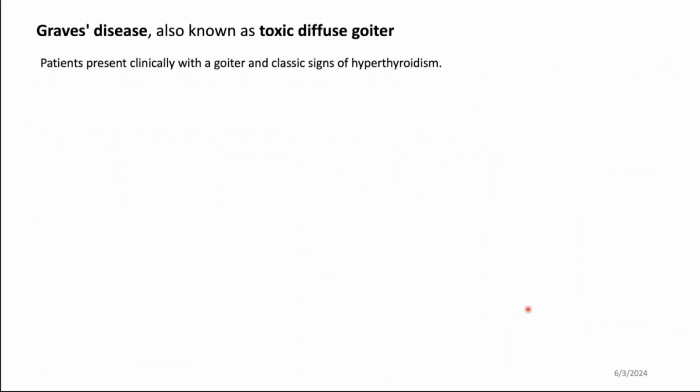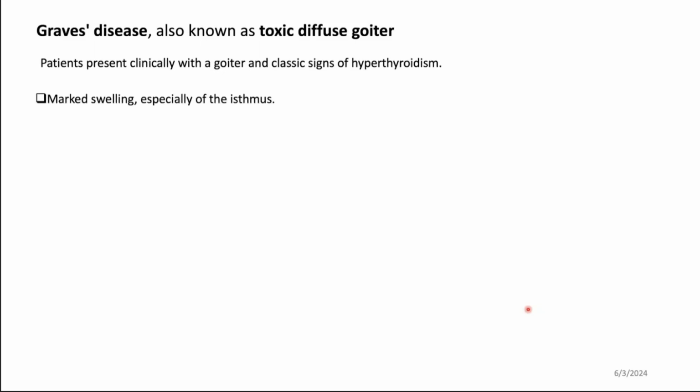All right, so let's take an example of a very well-known condition involving the thyroid gland, which is Graves' disease, also known as toxic diffuse goiter. Typically, patients present with goiter and classic signs of hyperthyroidism.